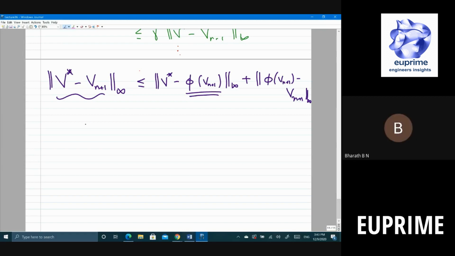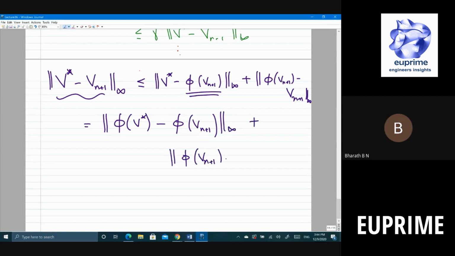Okay, so now I can write this as phi of v star minus phi of vn plus 1, plus phi of vn plus 1 minus phi of vn, right? Because vn plus 1 is phi of vn. Infinity norm now.